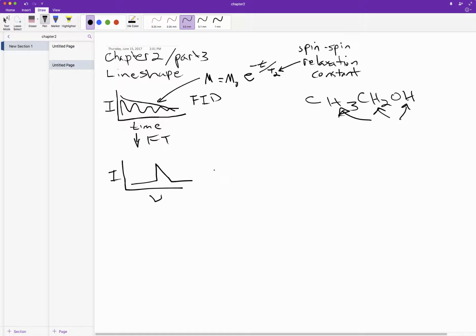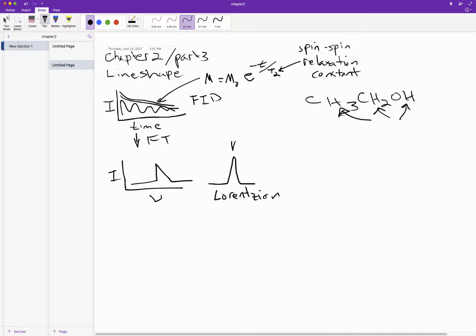This peak, which I didn't draw, is hard to do on this tablet, but it has a line shape that is Lorentzian. Because anytime you Fourier transform an exponential decay, you will get a Lorentzian line shape.